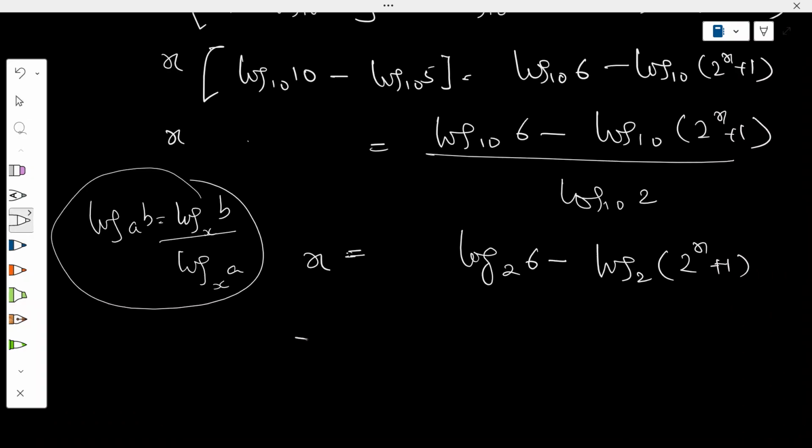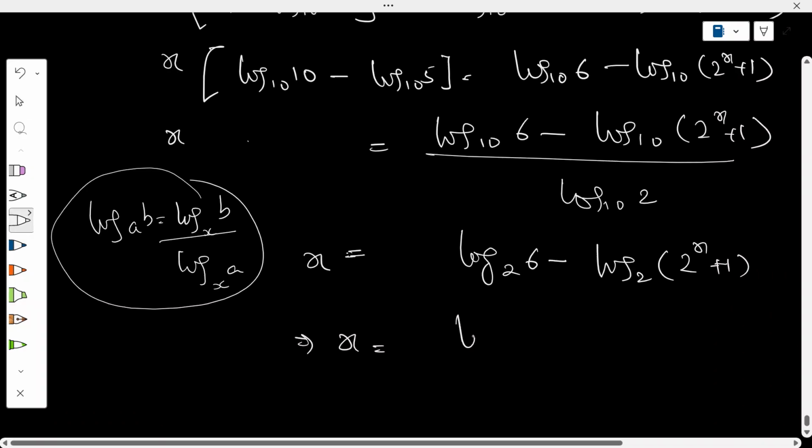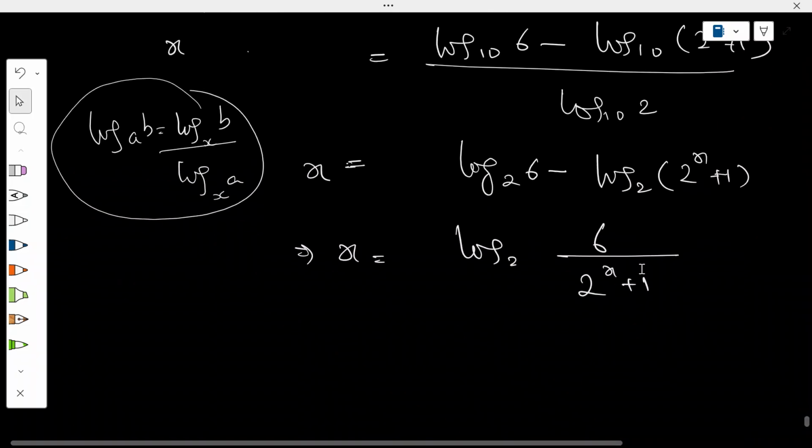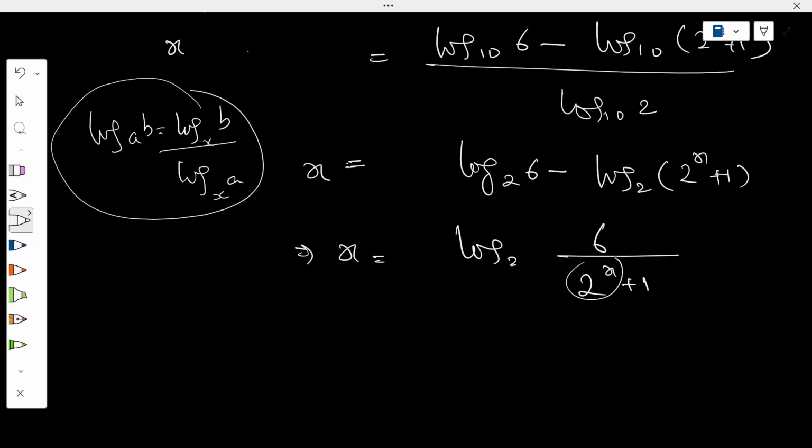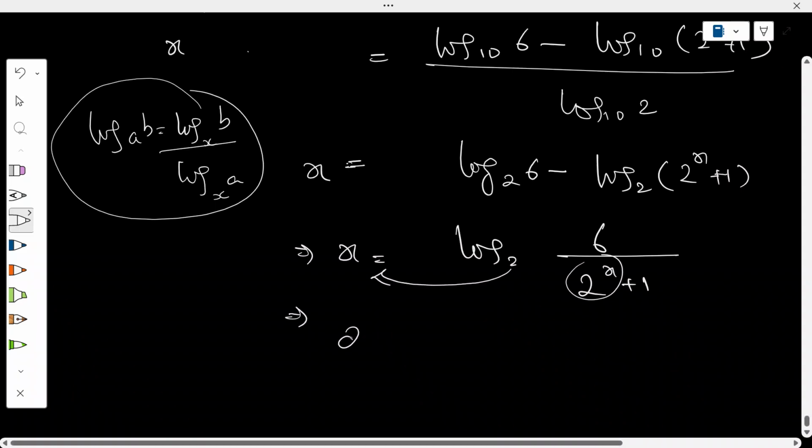Then we can use the property that log a minus log b would be 6 over 2 to the power x plus 1. Then what we can do is we can try to create 2 to the power x on this side also. Transfer this to, it would become 2 to the power x, and this would be equals to 6 upon 2 to the power x plus 1.